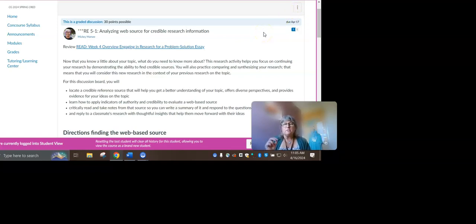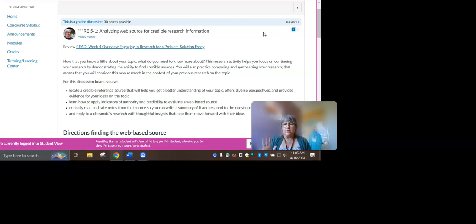So in this assignment, you are required to have a minimum of 4 outside sources, but you have some very specific kinds of resources that I've asked you to find. And you have 2 assignments this week that are going to help you find 2 of those 4 resources.